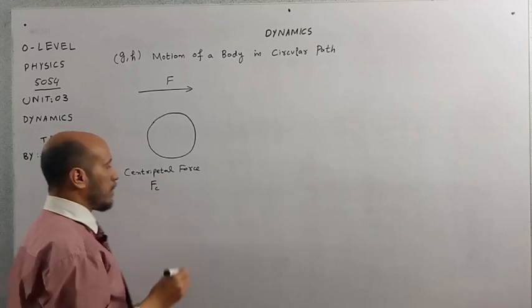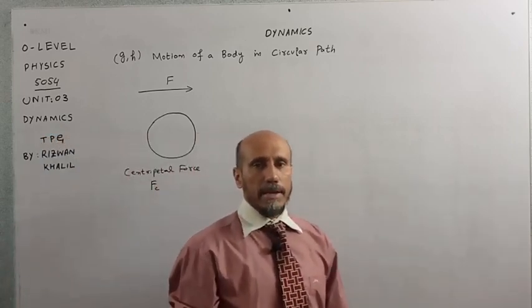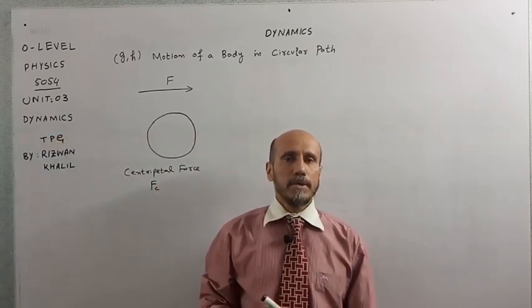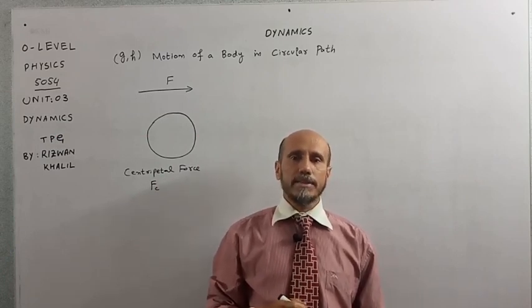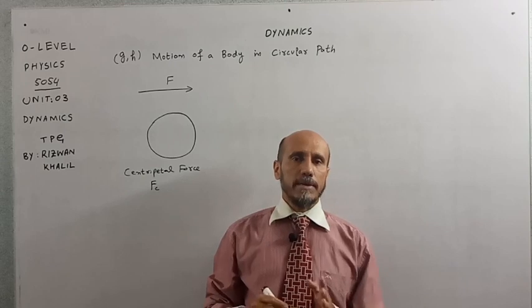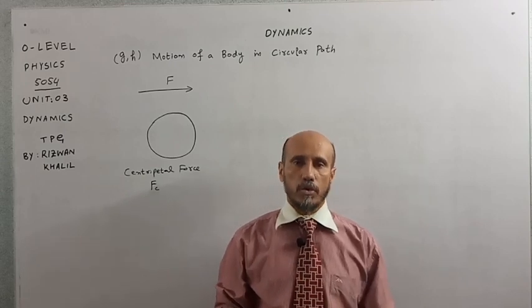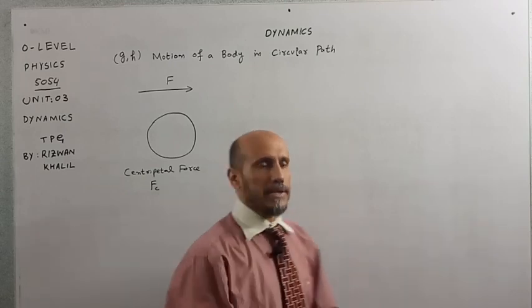Although it is not part of the syllabus, as physics students you must keep this in mind: if a body is moving in a circular path, then the force acting on the body is called centripetal force. Now what happens during centripetal force?